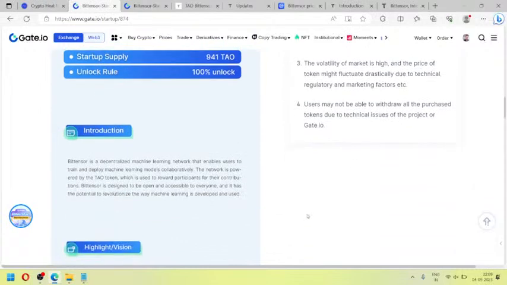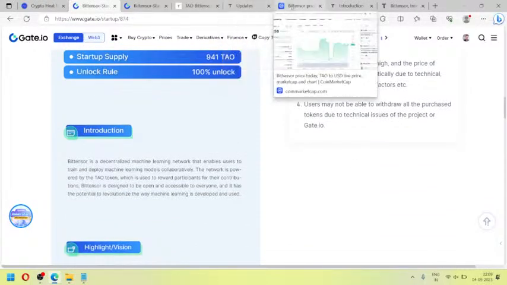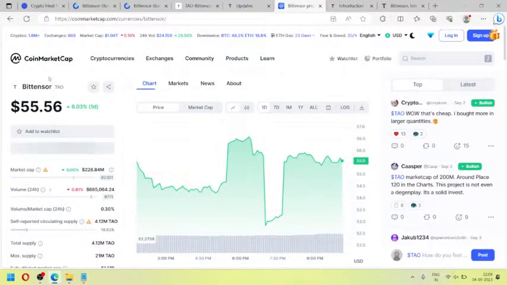participants. And if you want to know the Bittensor price, this is the Bittensor price. The Bittensor price is 55.56 USDT.